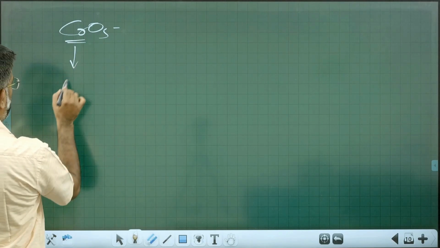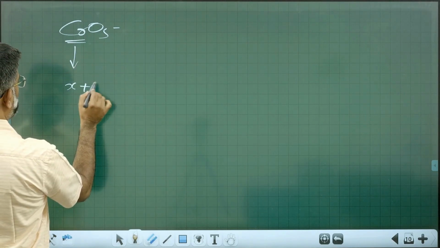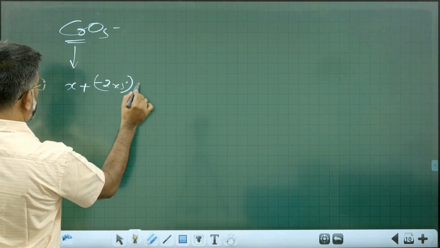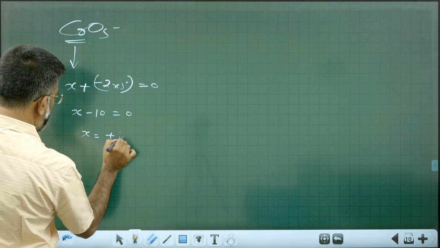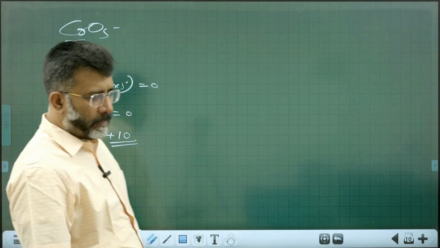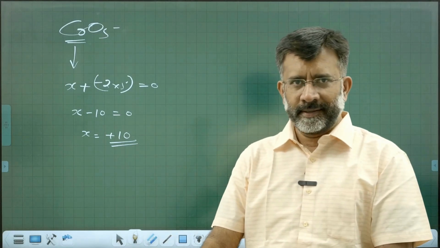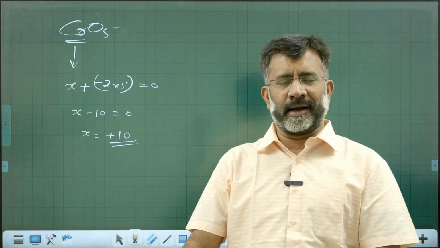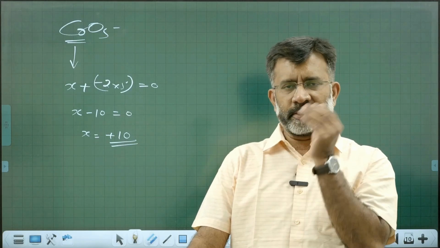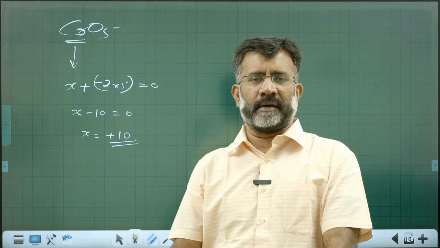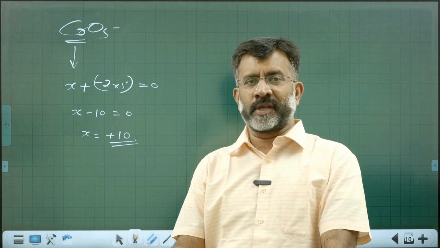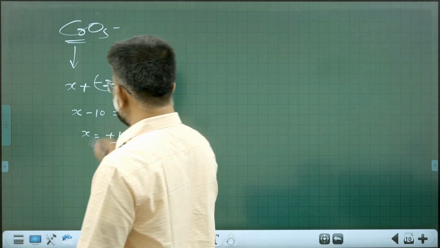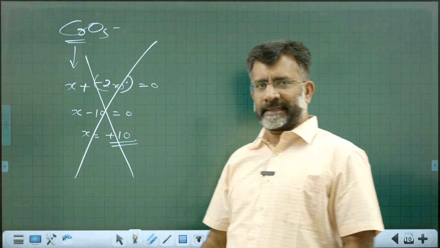Chromium, suppose we give x, oxygen -2 into 5, equal to 0, x - 10 equal to 0, x equal to +10. This is mathematically perfect, but no element in the periodic table can have oxidation number 10. And especially for chromium, the maximum value is 6. That means the calculation is perfect, but in context the answer is wrong.